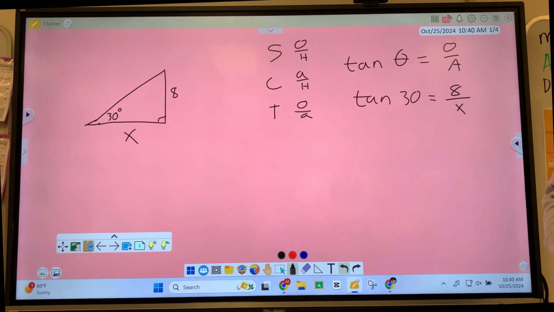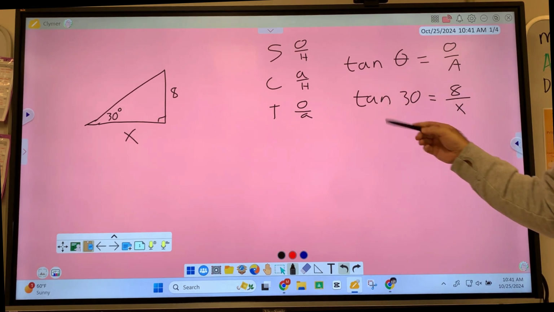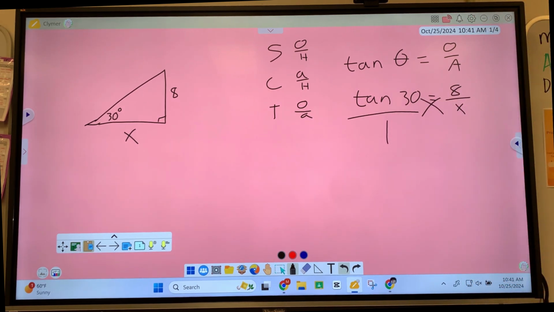All right, so next, what is under the hood of this is just a number. This is that 0.577 or whatever you've got in your calculator. So as such, we're going to solve this as a cross multiply and divide. So how do we solve this?